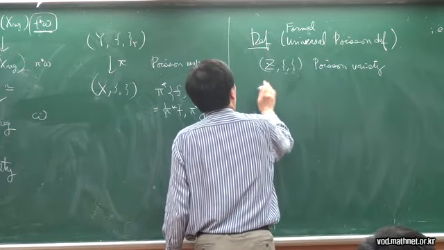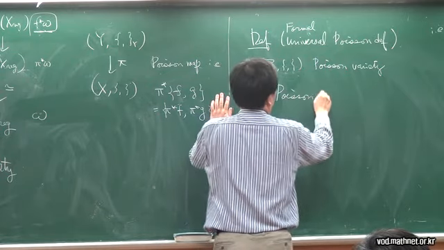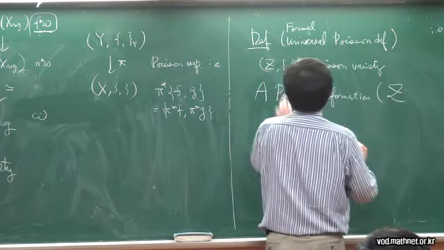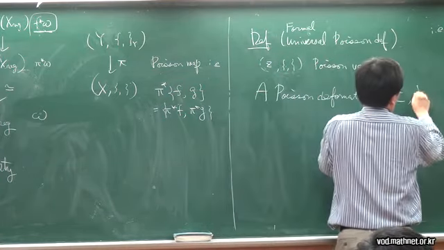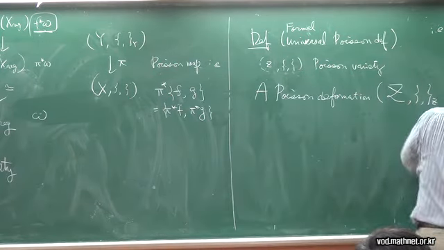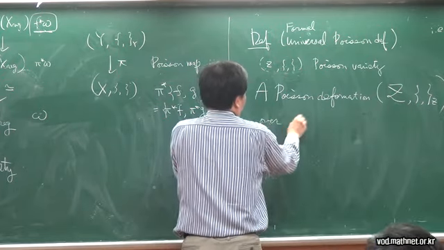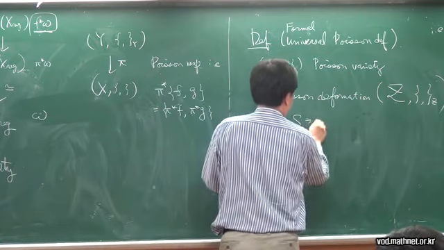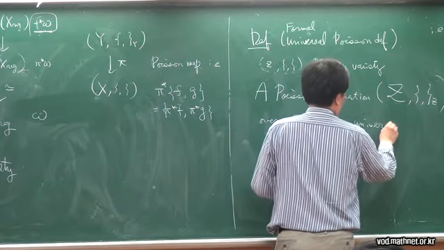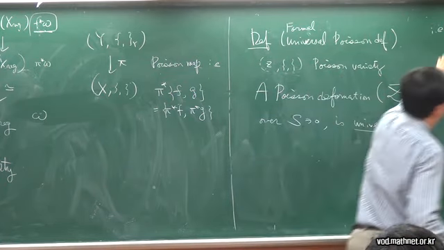Then a Poisson deformation of, say, big Z, this is small z, is the pair of the Z and the Poisson structure over some space S. It is a pointed scheme or pointed space, and it is universal, or more precisely formal universal, if the following holds.